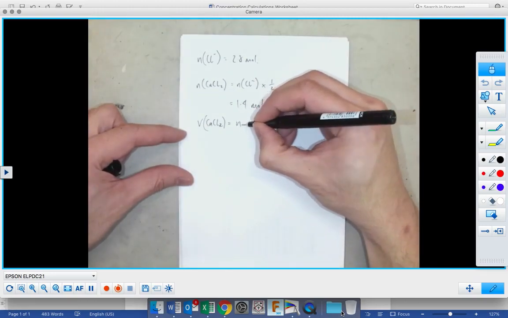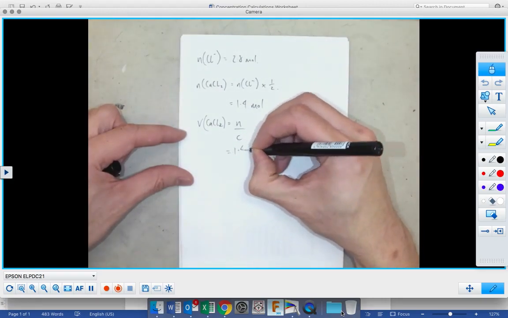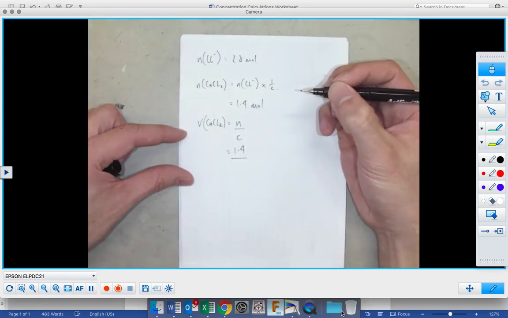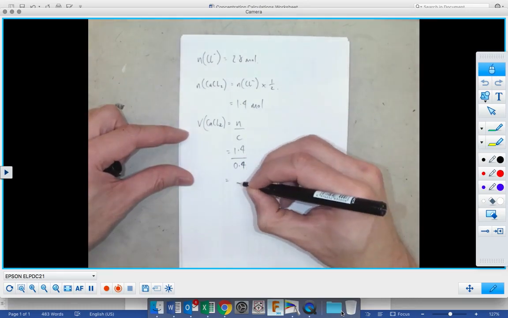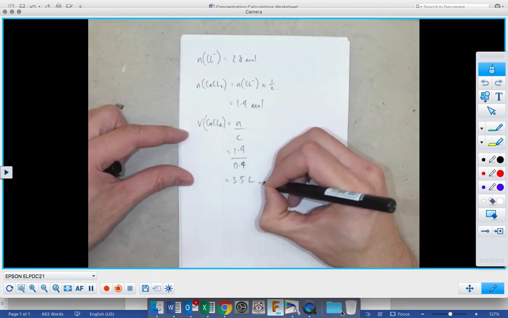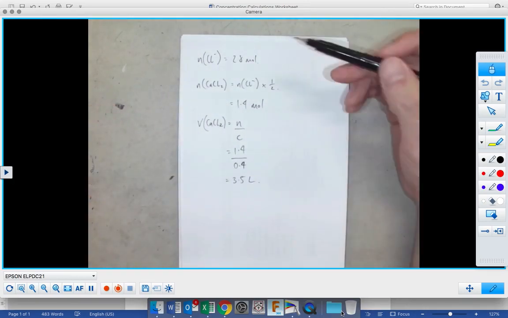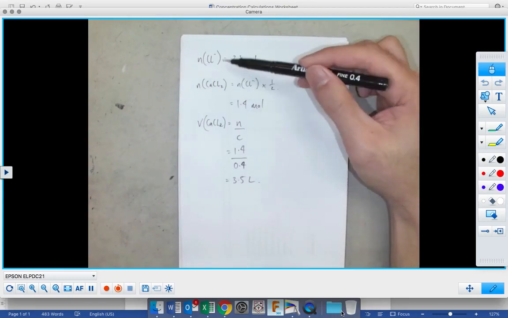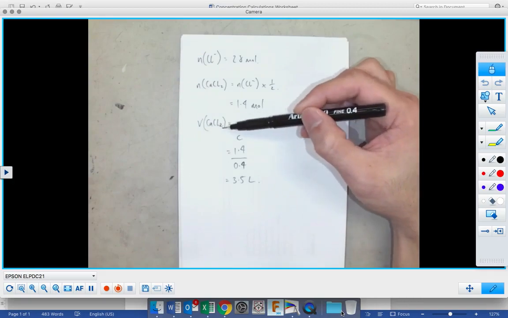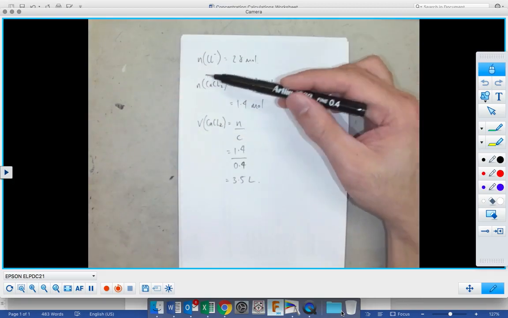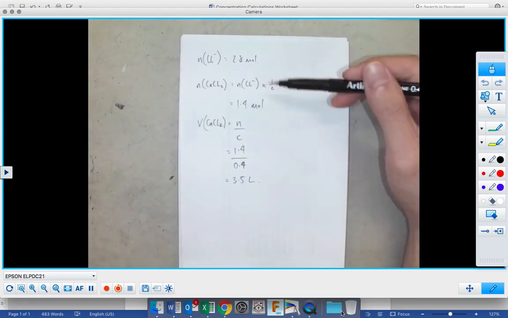V is equal to n on C. Substitute in the number of moles, 1.4, over the concentration, which happens to be 0.4 moles per liter, and I get 3.5 liters. All right? So take into account the ion that you're looking for, and then work out the ratio of the ions to the whole ionic substance. Something to think about.